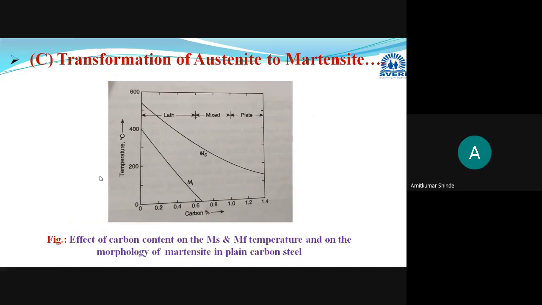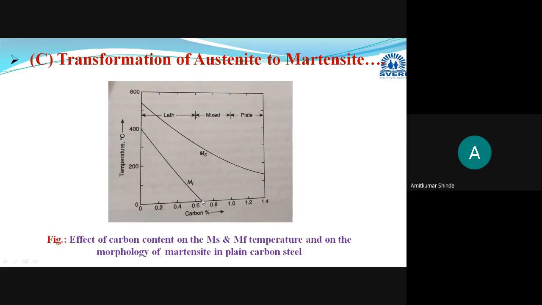How they depend on the percentage of carbon is indicated in this diagram. As carbon percentage goes on increasing, the Ms temperature and Mf temperature will fall.